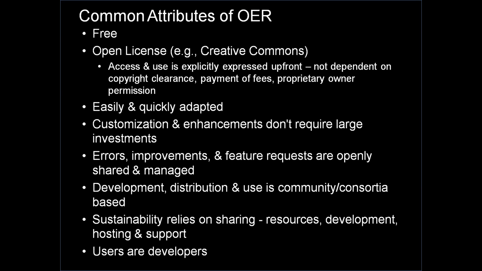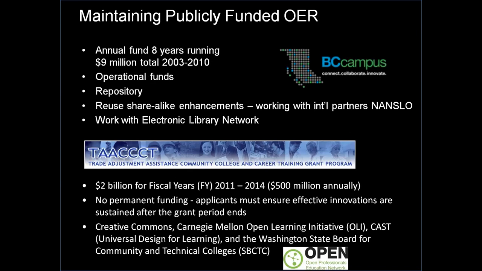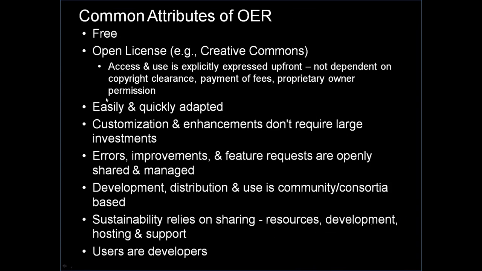Okay, well, I thought I'd throw up this slide, which talks about the common attributes of OER. In some ways, these are common attributes of not only open educational resources, but some of the other things we're hearing talked about this morning, too. Open textbooks, even open source software, open access journals, all of those kinds of open initiatives share a set of attributes.